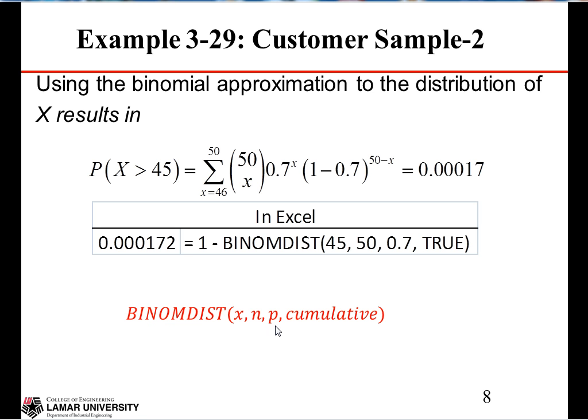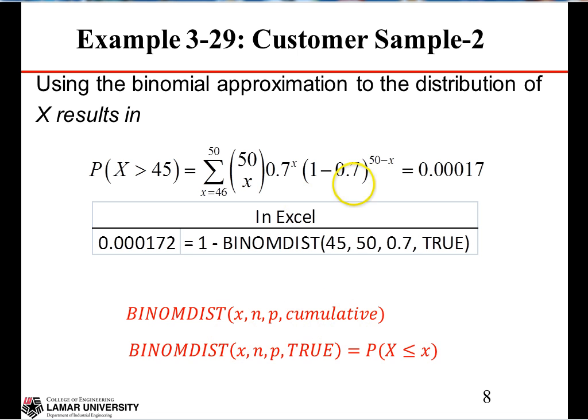In this problem, we have 700 divided by 1,000 equal to 0.7, and the last parameter in this function is a true or false parameter, and if you state it as true, then this function calculates a cumulative distribution function.